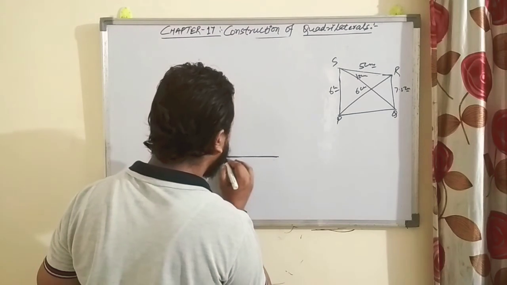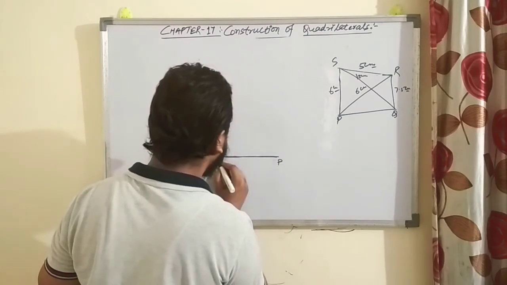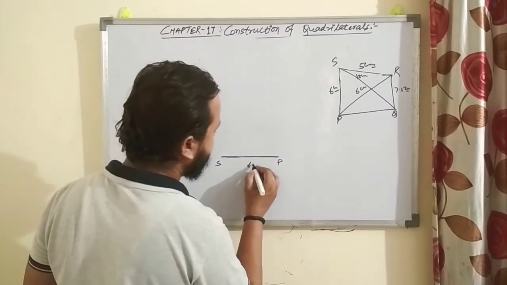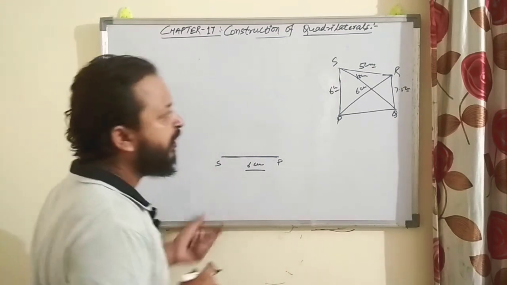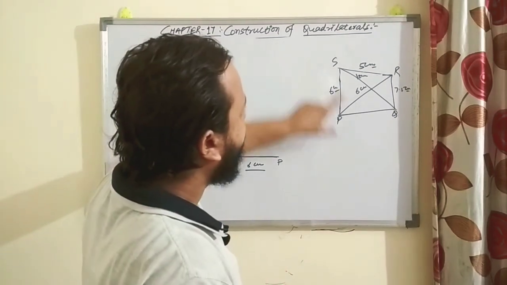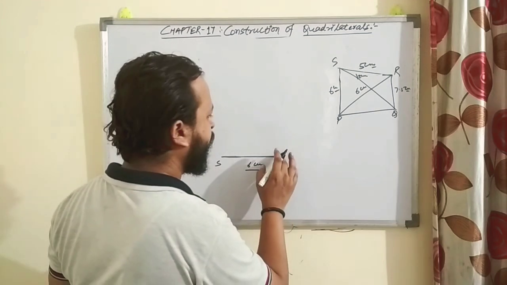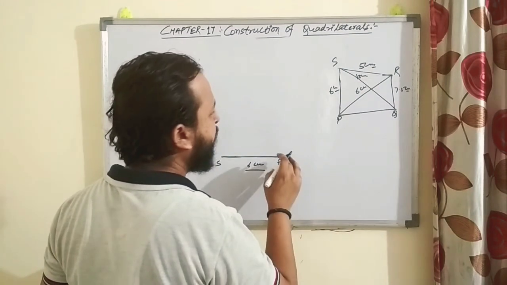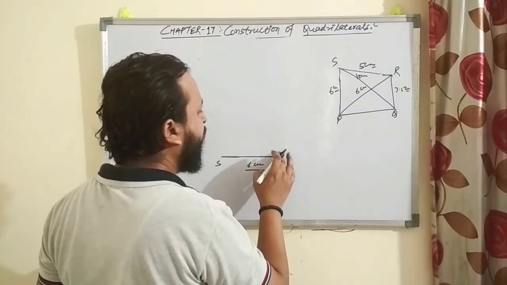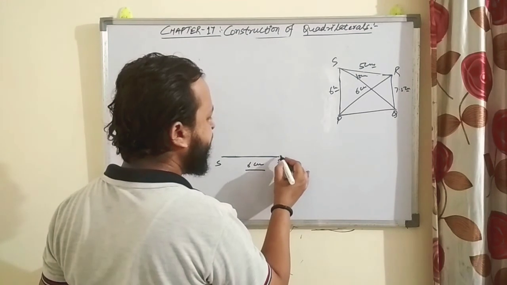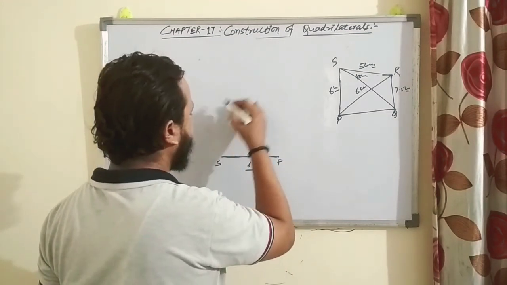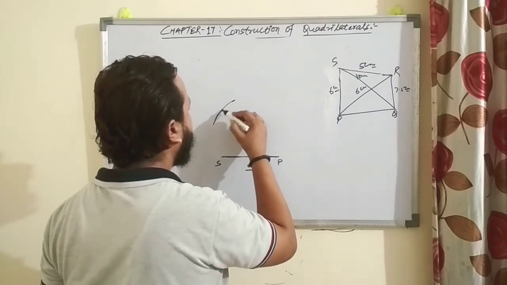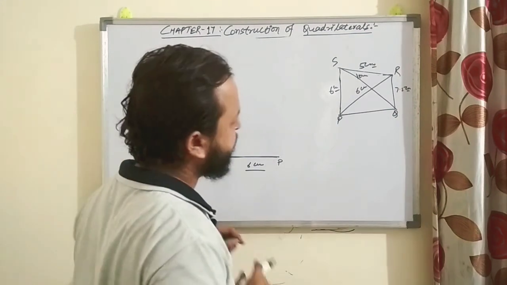Now suppose this side is here, so PS. This side is this 6. Just take the length 6 centimeter, right? Now from point P, take the compass, take the distance of 6 centimeter and draw an arc with P as a center above S, right?